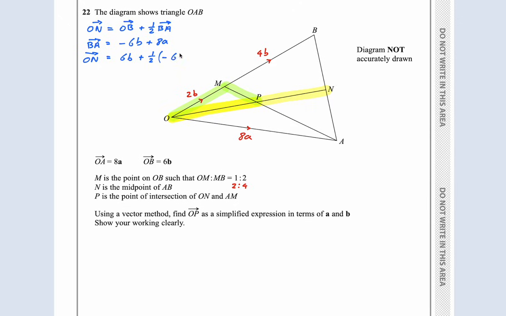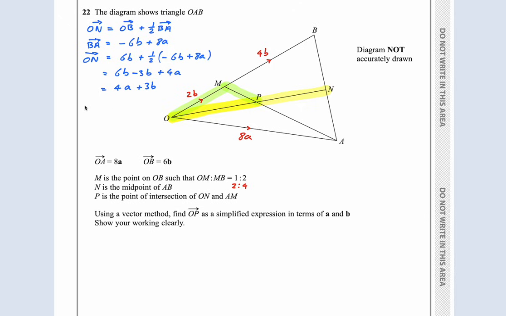So it's 6b plus a half of minus 6b plus 8a, which is 6b minus 3b because I've halved this, and plus 4a because I've halved this, and that simplifies to, let's stick with a's first, 4a plus 3b. So that is ON. Also note, guys, I'm writing all over the place, but you're going to write down here. So that's ON.